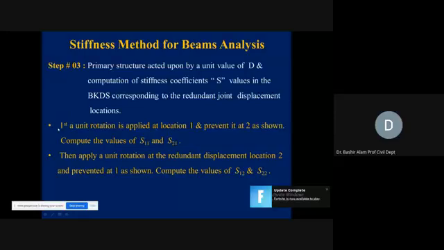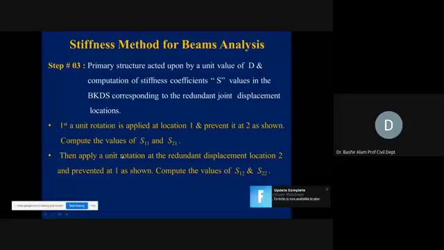First we apply corresponding to D1, and remember, when we are applying corresponding to D1, we will release the joint displacement at that particular location, and the other locations will be still clamped. They will be still restrained. It will not be allowing any kind of rotation or displacement. And similarly, then we go to the second position. We allow displacement at the second location, and we clamp it at the first location.